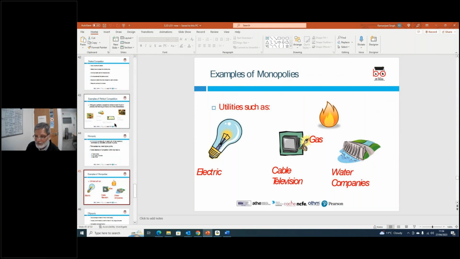So cables and so on. So those are some examples of monopoly. I'm not going to go into details because at this time you don't need this. We may be looking at them in the future, right? So you need to be aware of them.